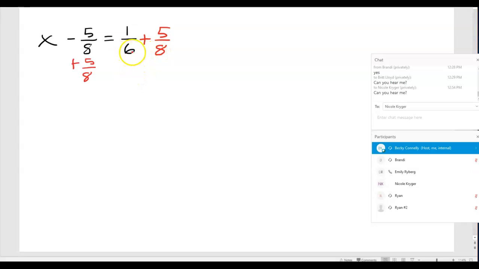So what is a common denominator with 6 and 8? Yep, 48 would work. 24 would also work, but it doesn't matter which one you pick. In the end, you'll just end up having to reduce it more.